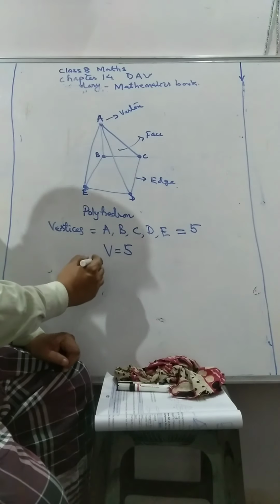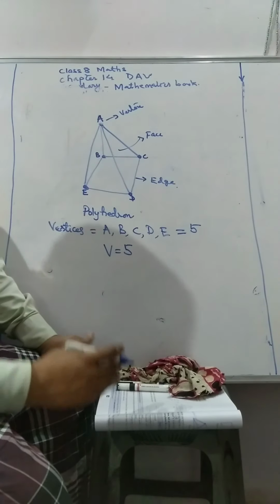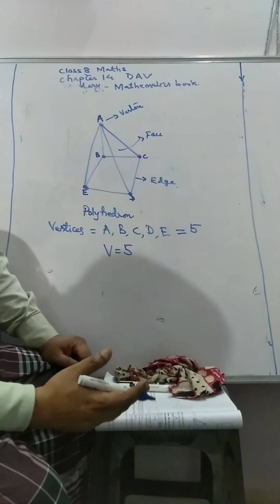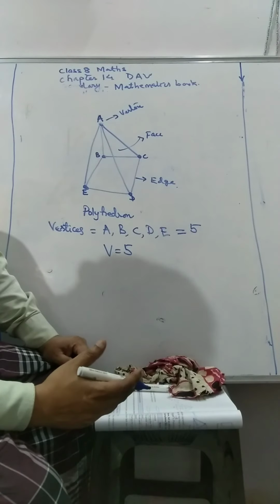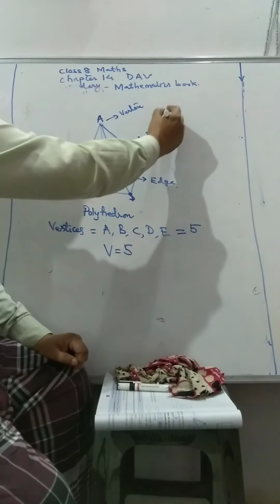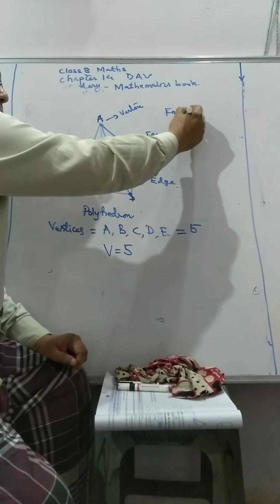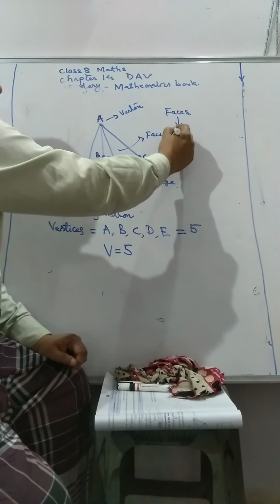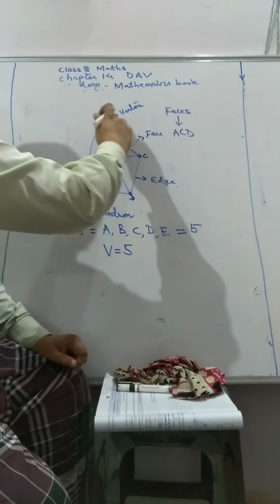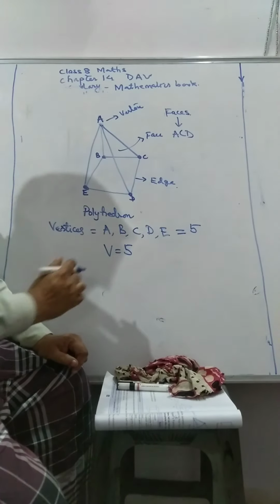Now we will count the faces. The faces are the plane surfaces contained in a solid figure. How many faces will we count here? ACD is a triangular face.